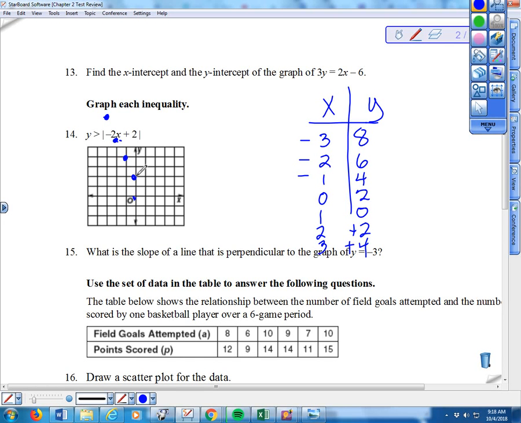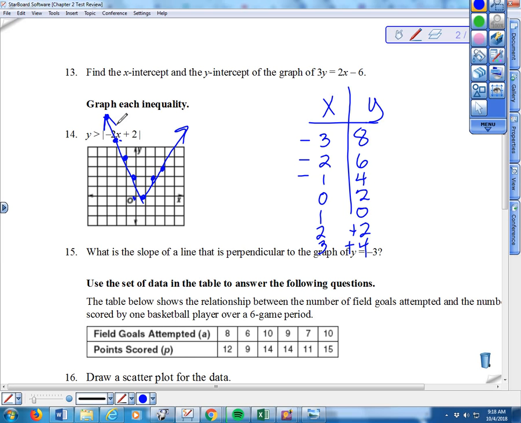I could have (1, 0). (2, 2). And I'm starting to see the V now, right? The vertex happens to be at (1, 0), sorry. That was it. But am I done?